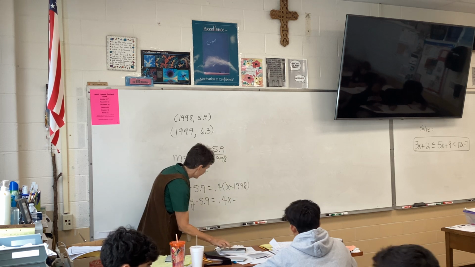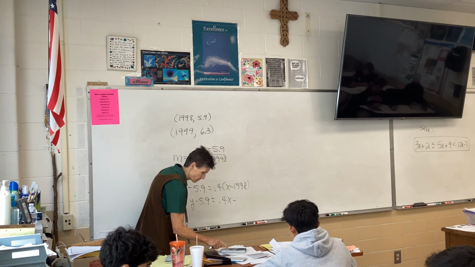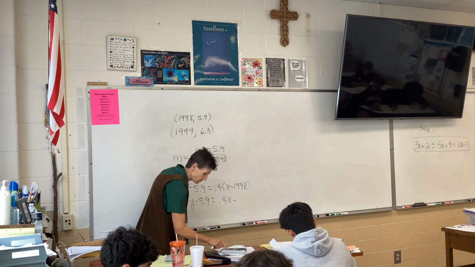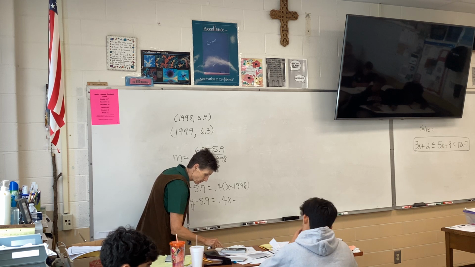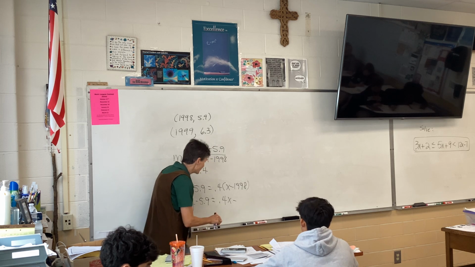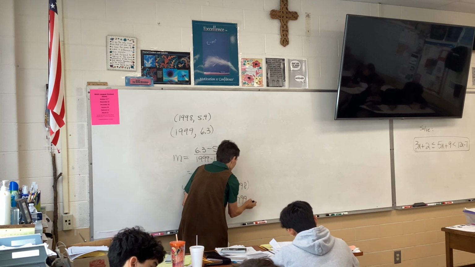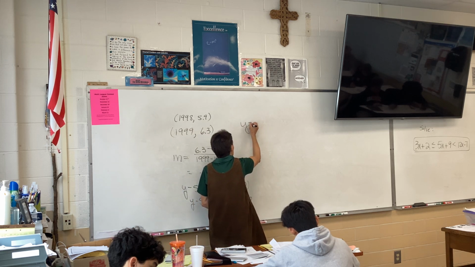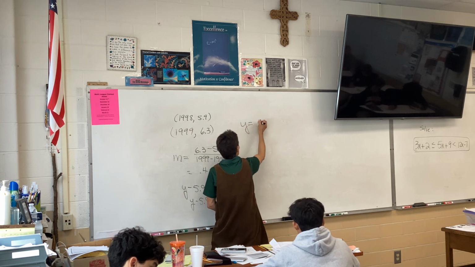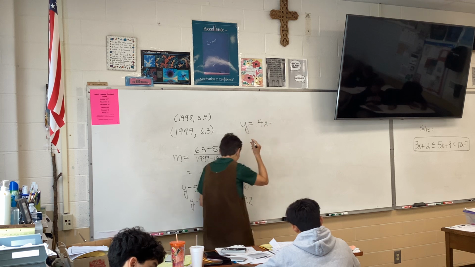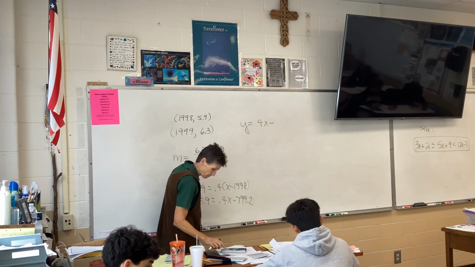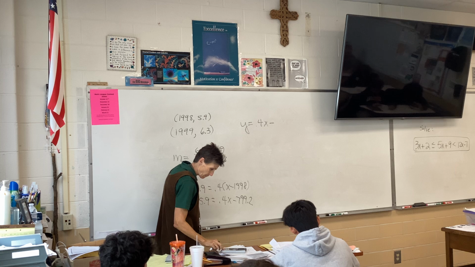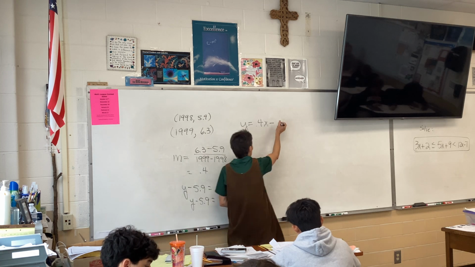My calculator can do that for me. 799.2, yeah, thank you. And then I'm gonna add that 5.9. So my equation is gonna be 0.4x minus 793.3.